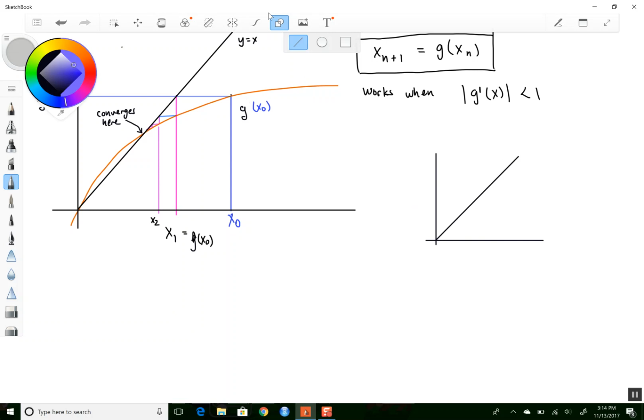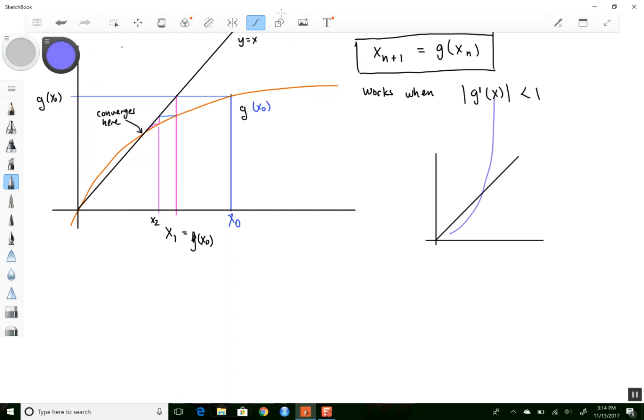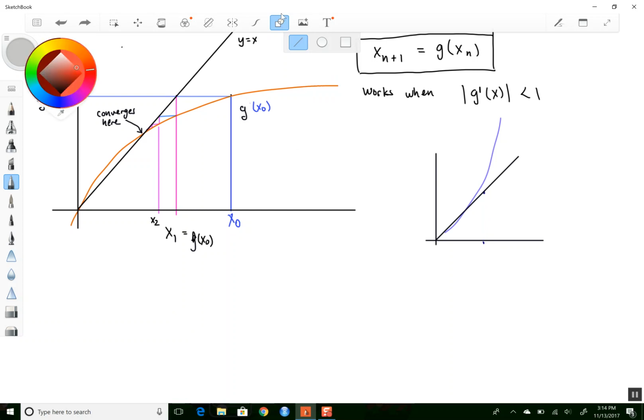So I just draw a picture here. That's not a very good picture. Okay, so let's say we start right here, and if I come up to here and ask, where does the line cross? Where is the line equal to x? Then my next iteration will take me over to here, right?